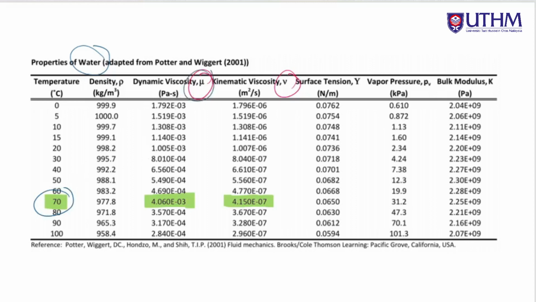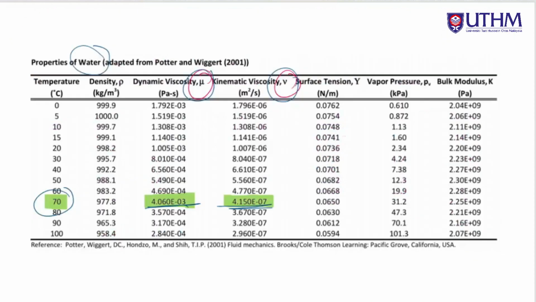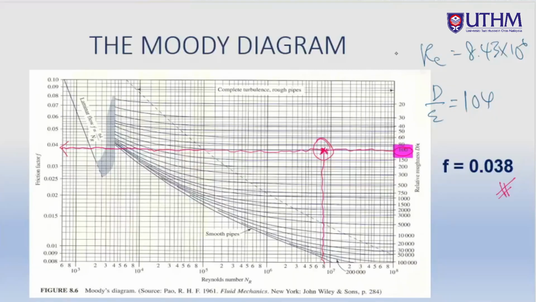Sama ada kita nak ambil dynamic viscosity or kinematic viscosity, kita boleh guna the value lah. Okay, so untuk this case kita guna this kinematic viscosity 4.15 times 10 to the power of minus 7.